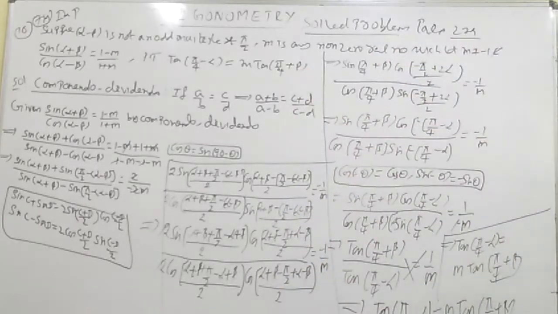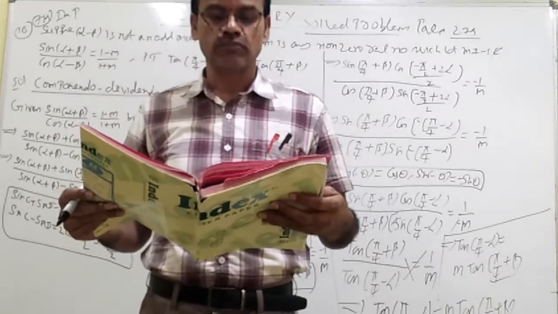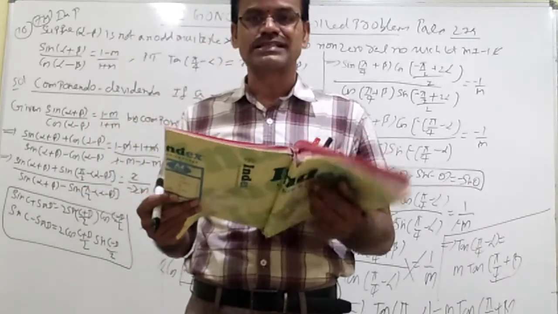Let us discuss the exercise. Examples completed. Exercise 6E should be going on from today onwards. Page number 280. Exercise 6E. Yesterday I gave Roman number 1 sums.